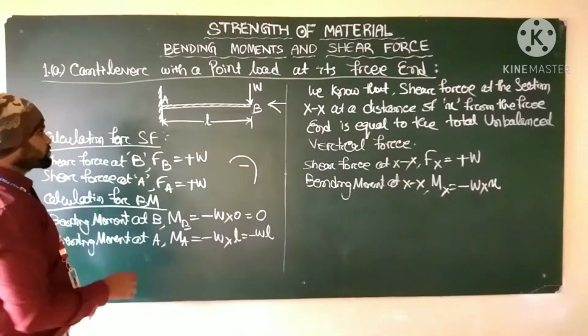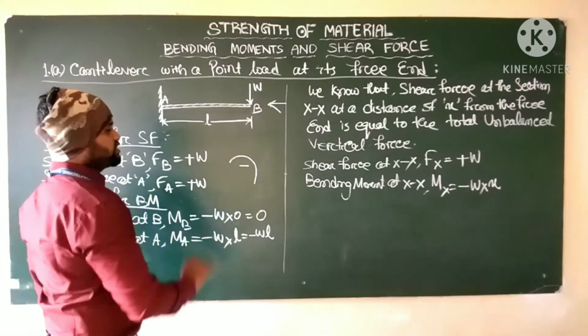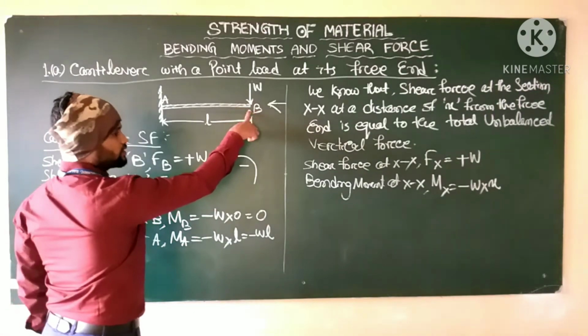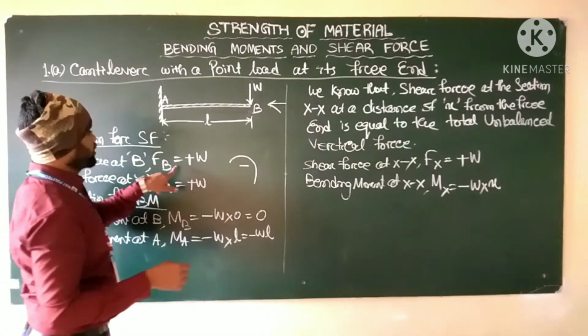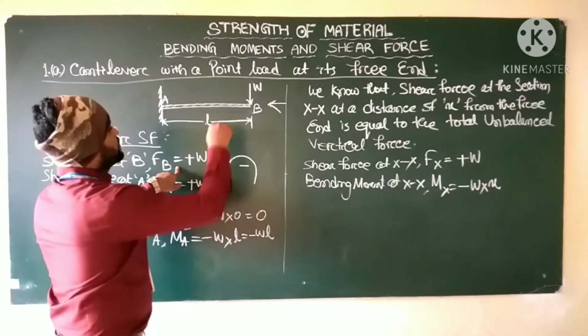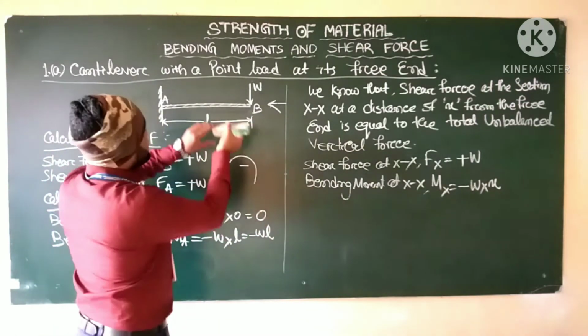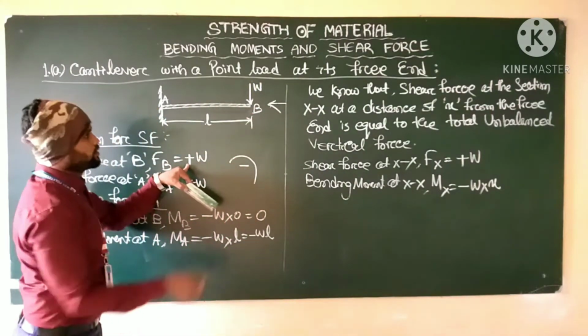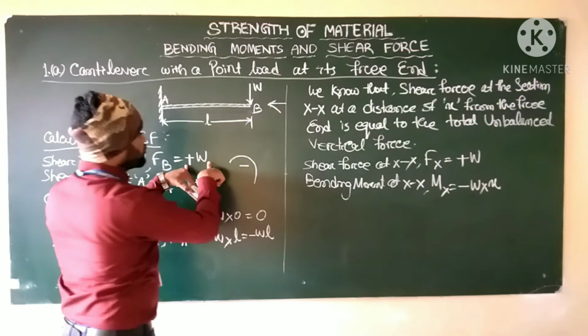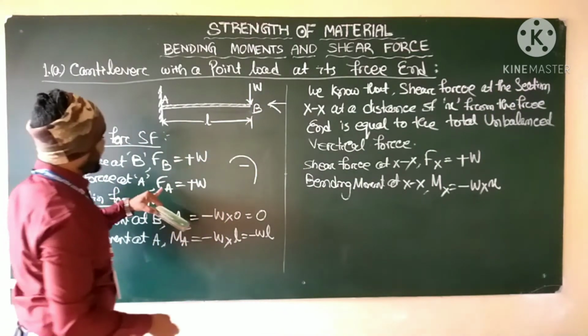If we calculate the shear force, the first point is B. At B we calculate the shear force, FB equal to, first the sign convention. Here the right hand side moves downward, so you can say positive, plus W.